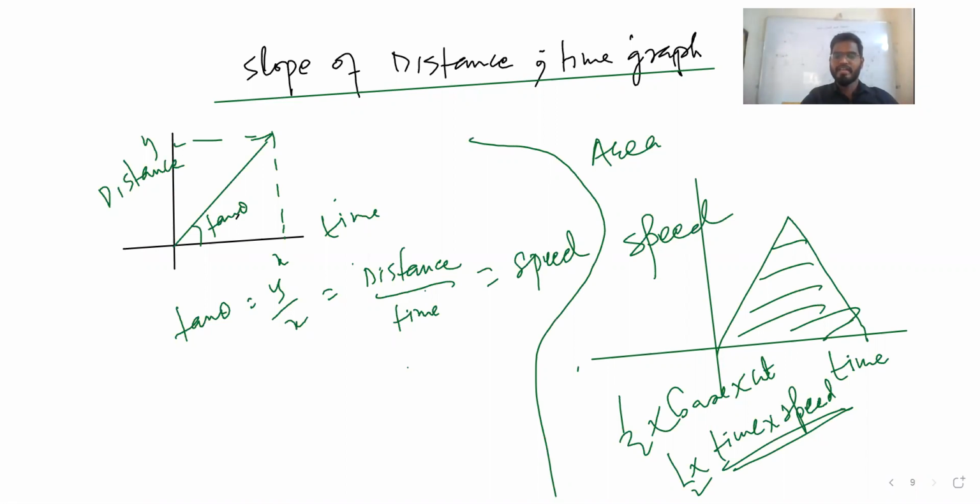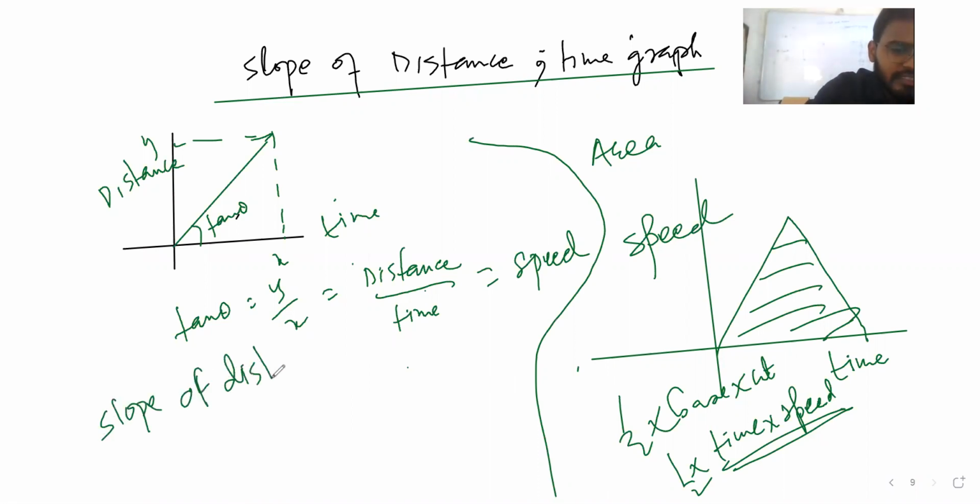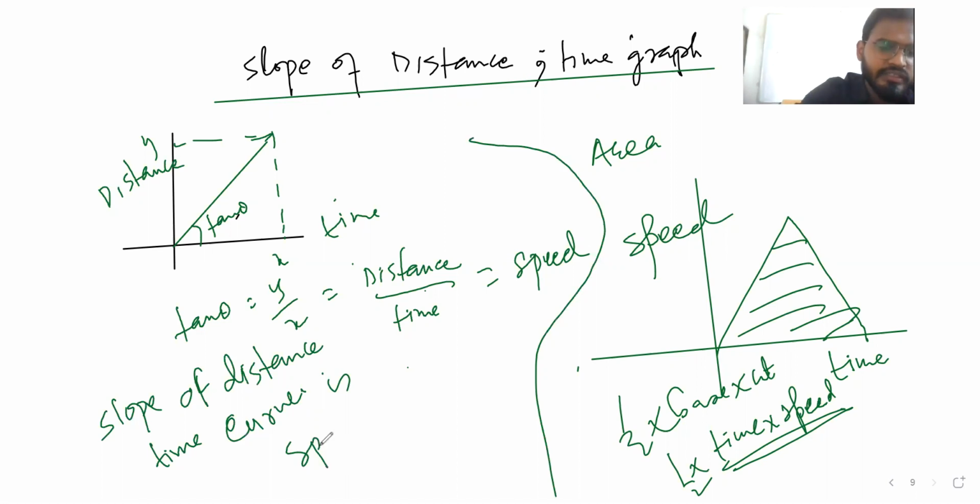So now you got area under the speed time curve, and slope of what? Distance time curve, right? Fine. So you can write one point: slope of the distance time curve is what? Speed, right?